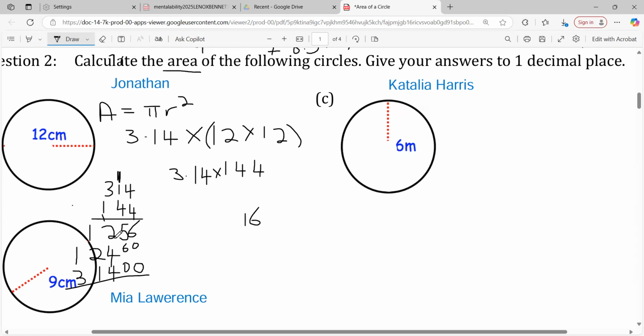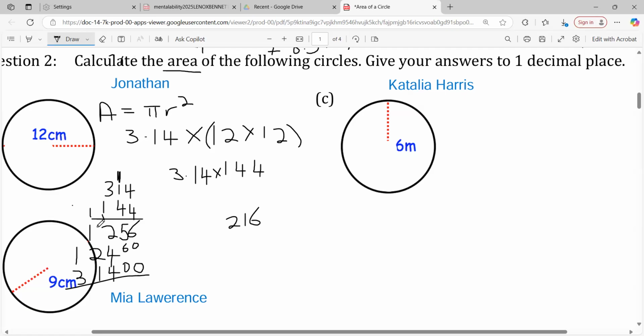And then you're going to say 2 plus 2 would give you 4, plus 4 would give you 8, plus 4 would give you 12. So you're going to put down 2 and carry over the 1.